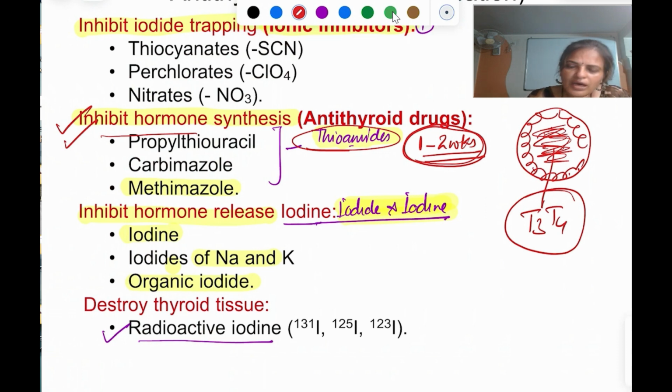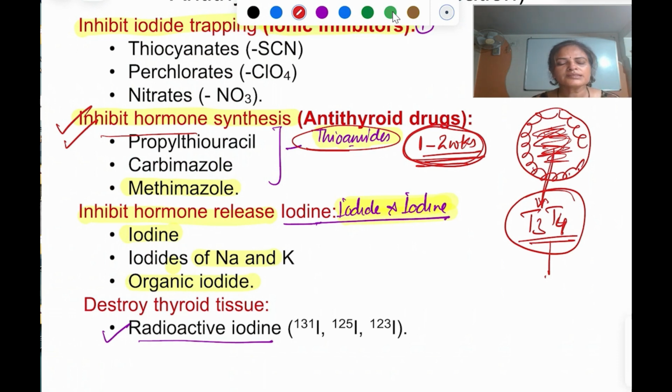So further hormone synthesis is inhibited, but there is a gap of 1 to 3 weeks between administration of the drug and appearance of the clinical manifestation. The reason is that initially there will be release of the stored T3 and T4. Once this store gets depleted, then only this group of drugs shows its effect.